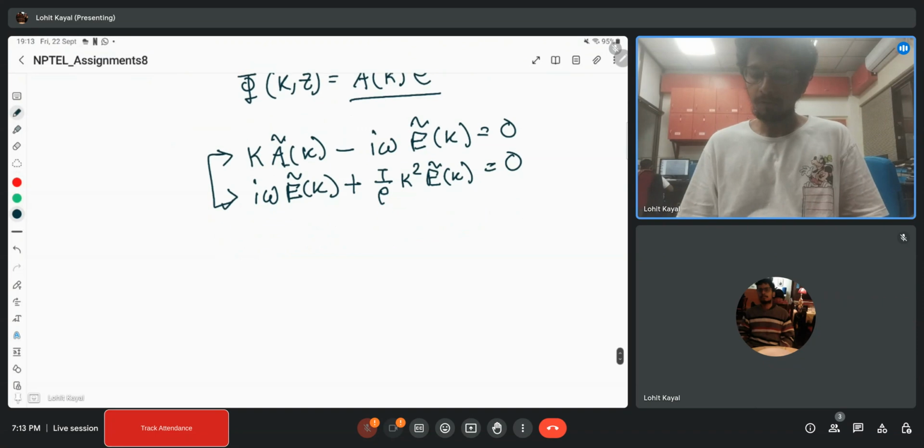So now you have two equations and two unknowns, so you can write it in matrix form.